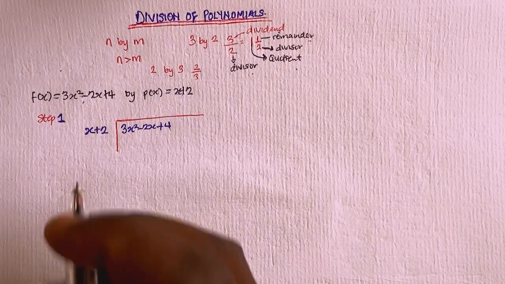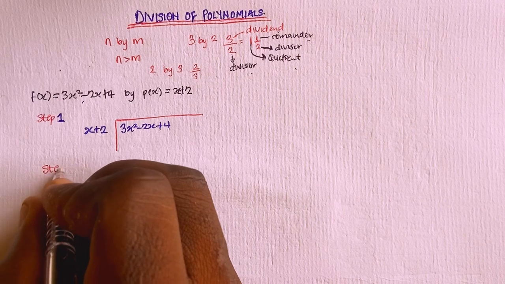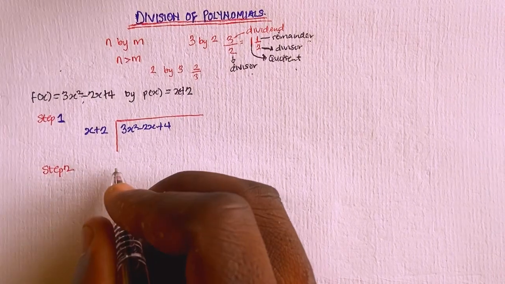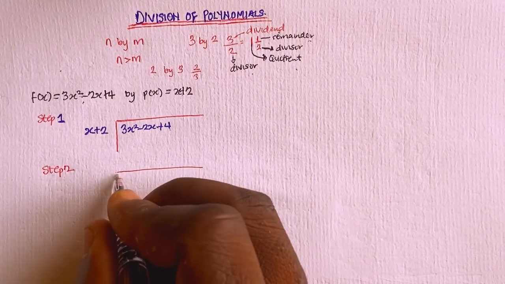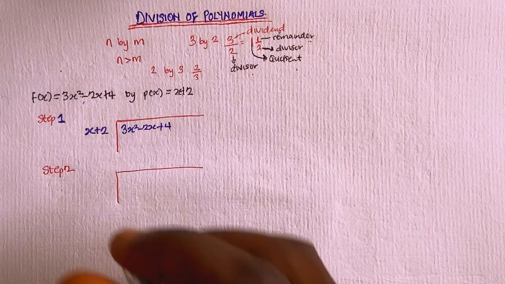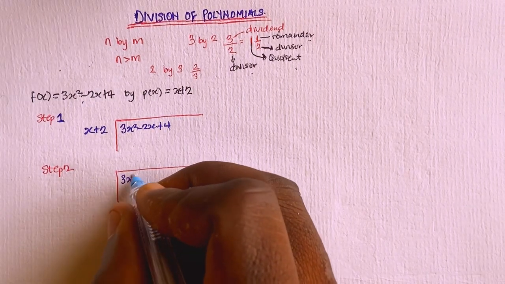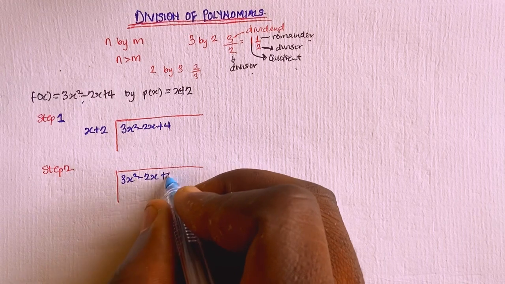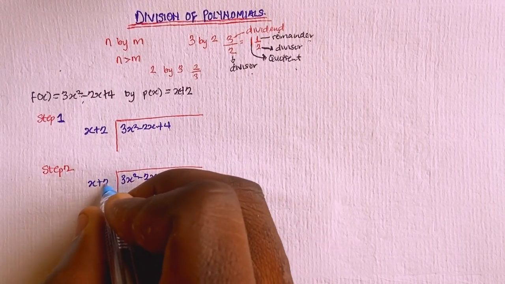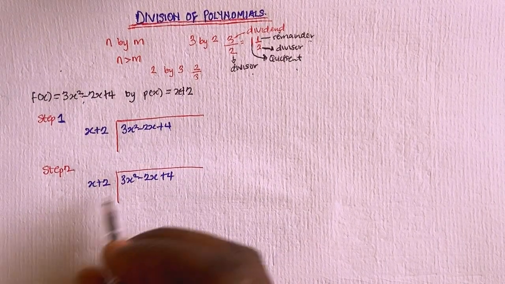Then let's simply move to step 2. You are given a root-like structure, and inside it you already have your 3x squared minus 2x plus 4, and you have x plus 2. Now what you're going to do is divide.